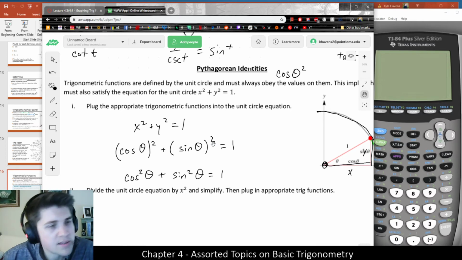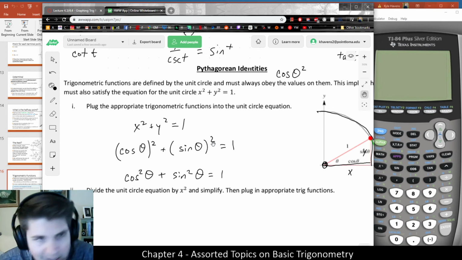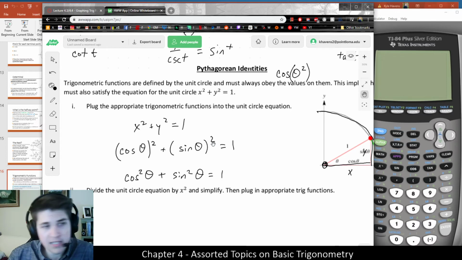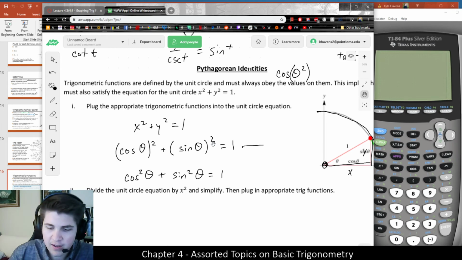If I wrote cosine theta squared, the question is, where's the square? Is it on theta, or on the whole function? Written like this, it usually implies cosine theta, quantity squared, which is totally different than cosine of theta squared. What I have here is cosine theta quantity squared, because I'm substituting it in, so the whole thing must be squared.